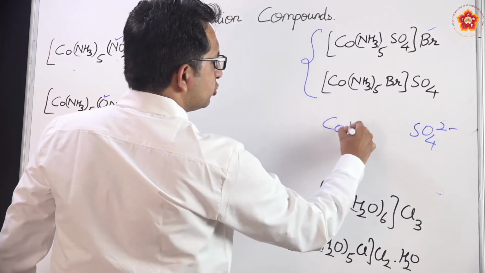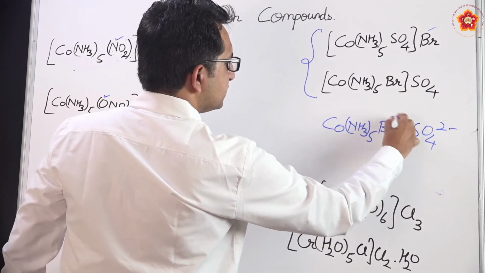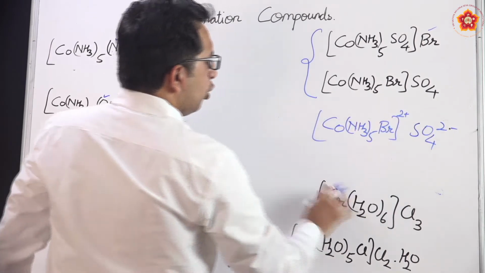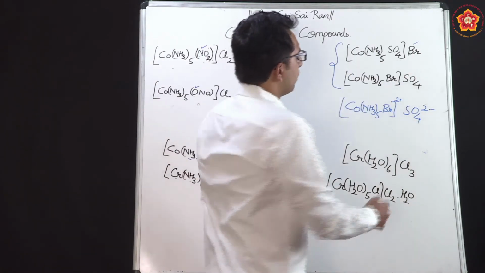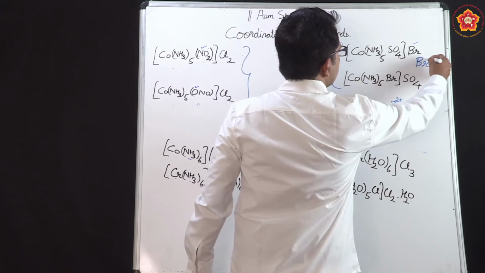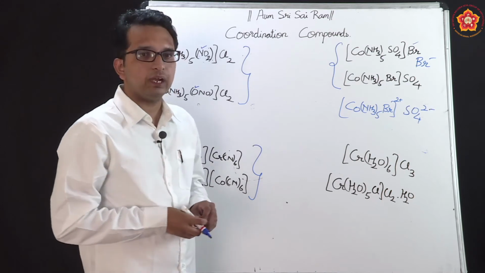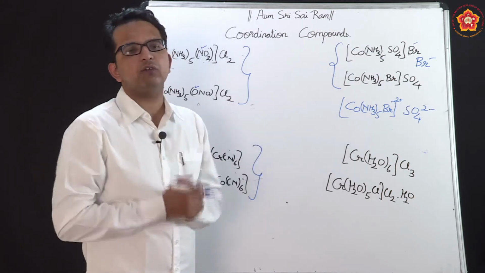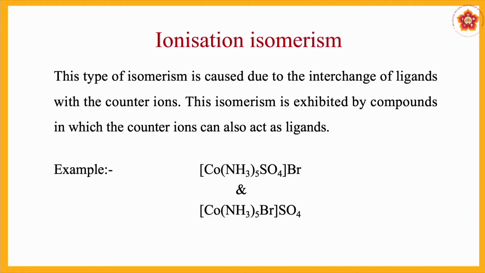So if I show you the splitting of this compound, it is going to be Br2 plus, while this compound splits giving SO4 2 minus ion, and this compound will give you a Br minus ion. So those compounds having the same molecular formula but giving out different ions are another type of isomerism. We can name this ionization isomerism, because the ions generated differ in these cases.